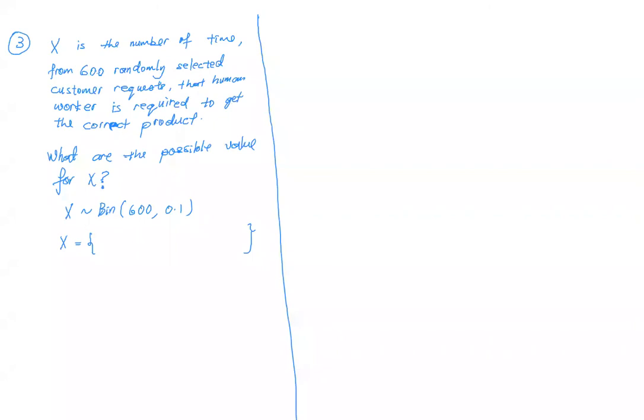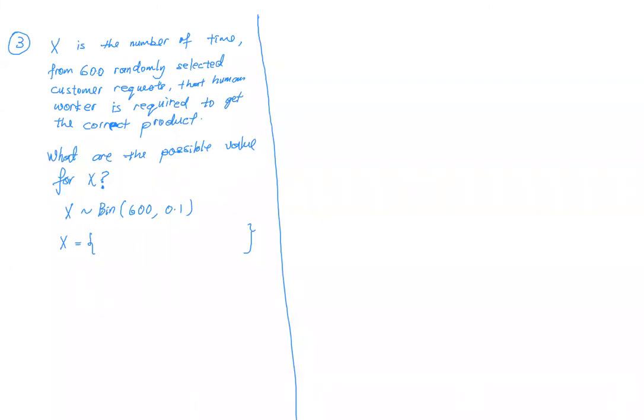in other parts of the question, they may ask you, what are the possible values for X? Anyone like to attempt these questions? Any binomial distribution given to you, you must know what is X. So X is the number of times that the human worker is required to get the correct product out of the 600 randomly selected customer requests.